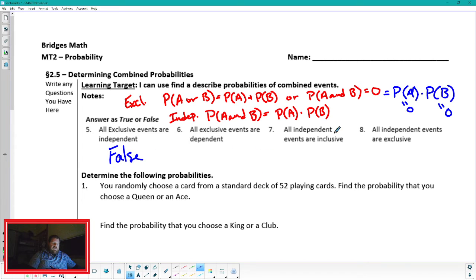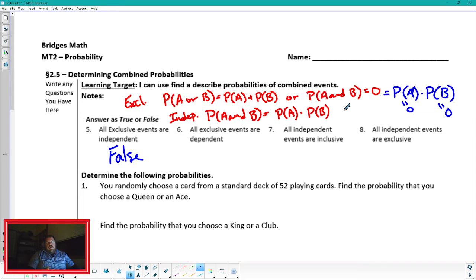The second one says, if they're exclusive, then they're dependent. What dependent really meant was that this equation doesn't work out. But just because that equation doesn't work out doesn't mean that A and B is equal to 0.